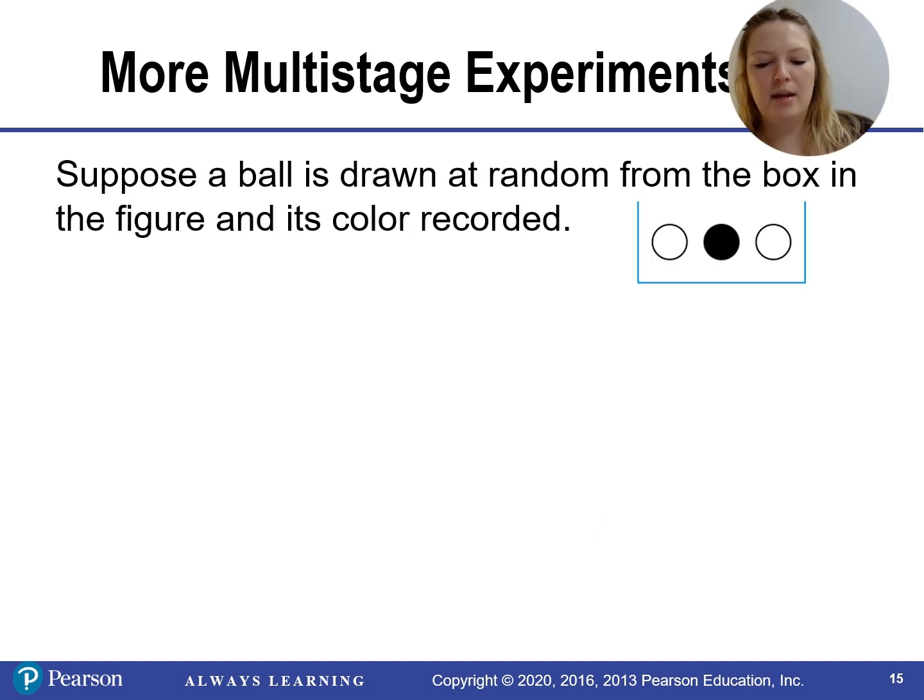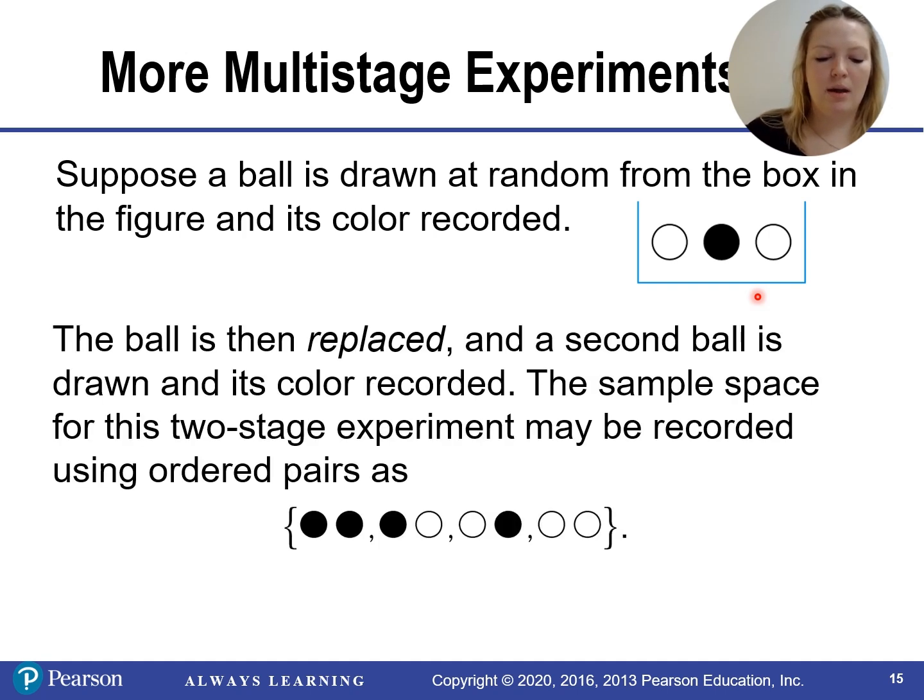So if we are going to draw a ball at random from this box and record it, then we have a couple of different options for what we do with that ball if we're going to continue drawing balls from this box. So we could replace the ball. So we draw one from the box and figure out what color it is.